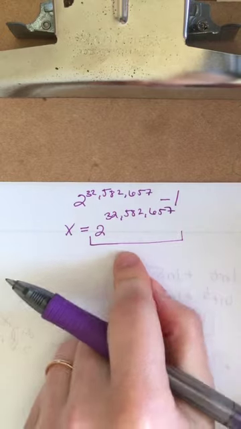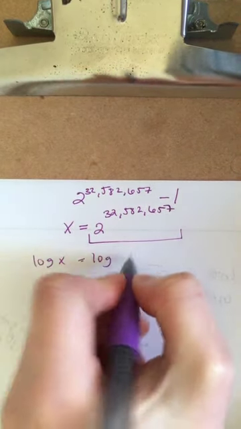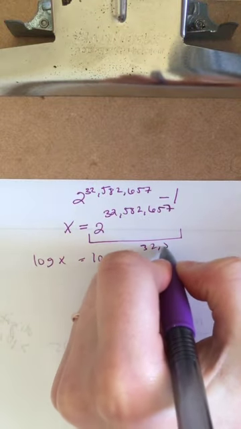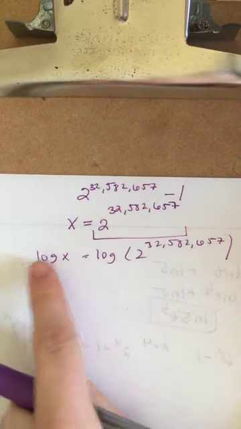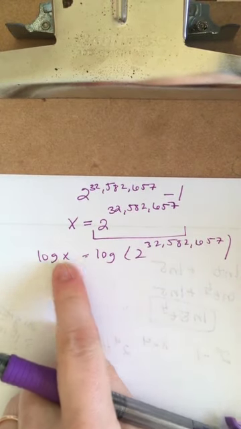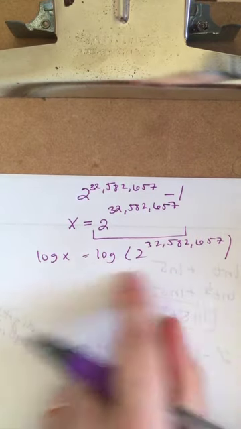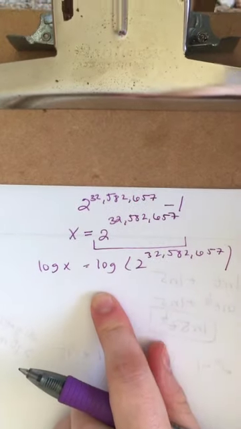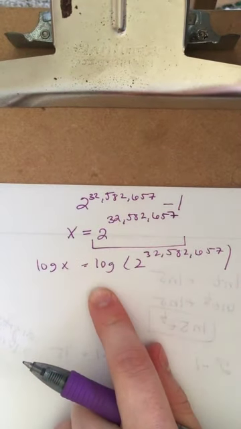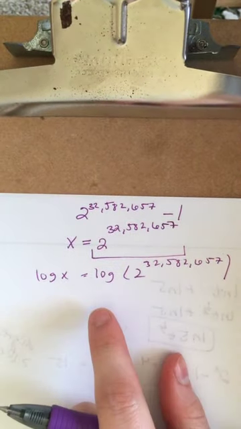So I'm going to try to find the place value of this number. If I take the log of both sides, 2 to the 32,582,657, now I've taken the log of it, so it's the common log of x, which is what I want. This is going to equal the number of digits, rounded up, that x actually has.